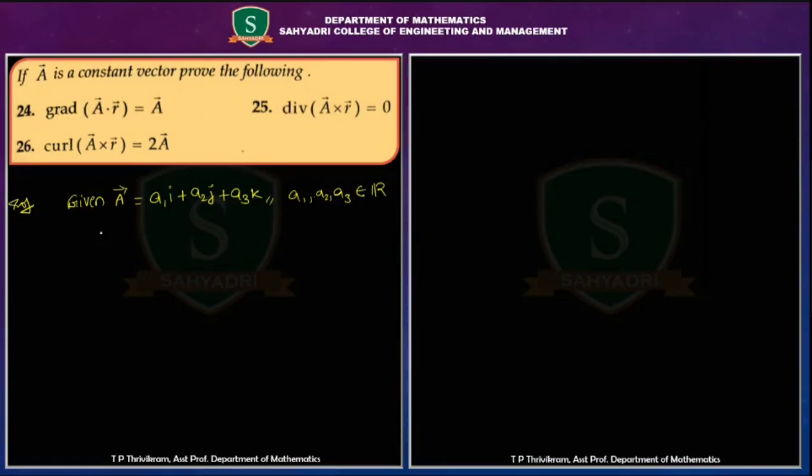Similarly, I am defining R vector, where R is a variable vector, as xi plus yj plus zk. That means it is a function of x, y, z, which are the variables. If you define these two like this, then we need to prove gradient of A dot R should be equal to A. So let us try to prove the first one.